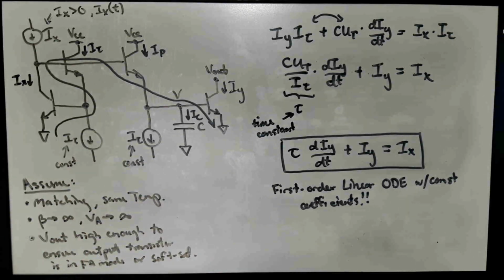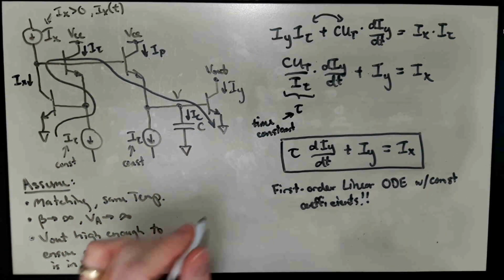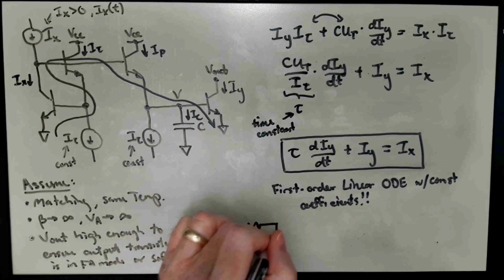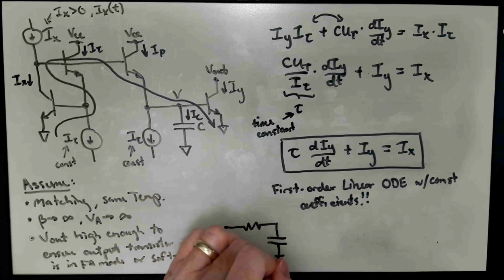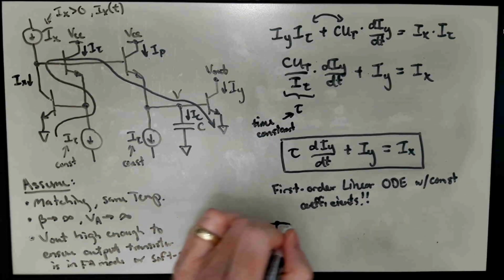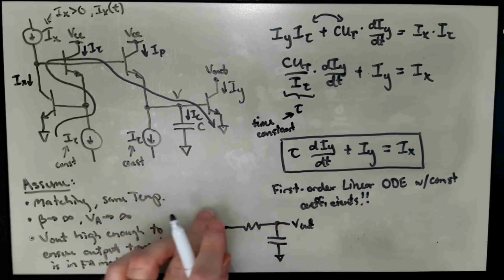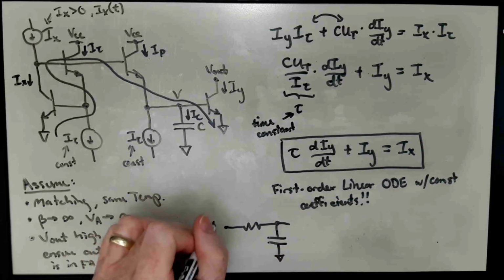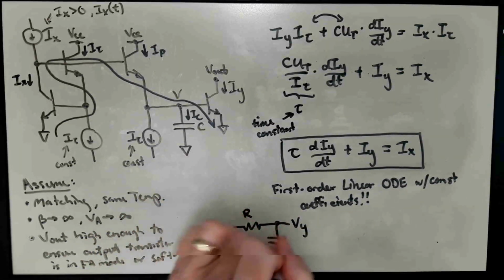In fact, this is the same ODE that would govern, so if I were to make an RC low-pass filter, let me just call this Vx and Vy, RC.